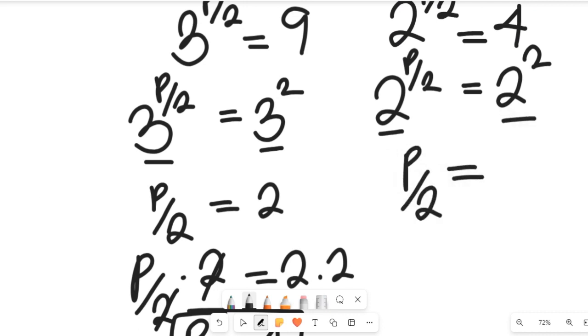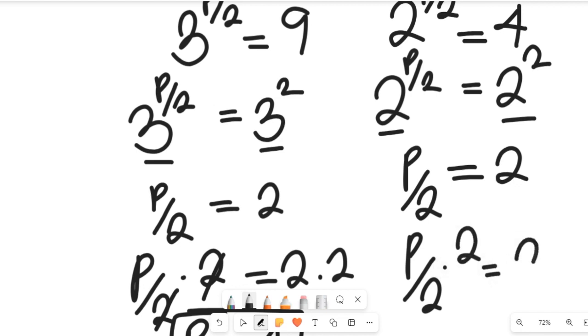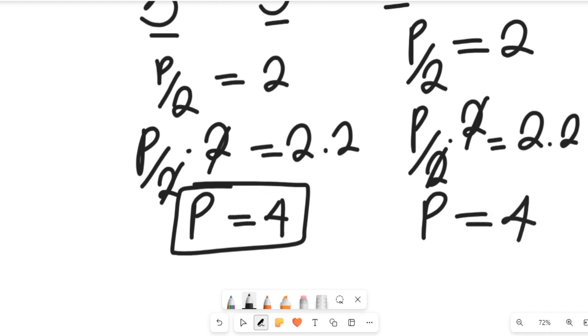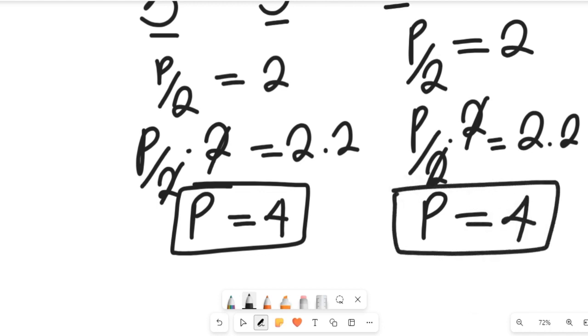So we'll have p divided by 2 equal to 2. If we multiply both sides by 2 as we did earlier, this will be equal to 2 multiplied by 2, and our value for p will be equal to 4.